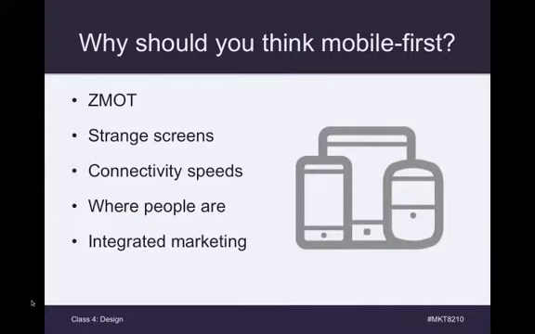We talked about this is where people are, right? More children, if we take them as an example, might get access to a phone versus a computer first. And then you think about that 75% usage at home stat. A lot of people are using it when they're at home. So if you want to reach someone when they're sitting on their couch, you might target them through their mobile device.